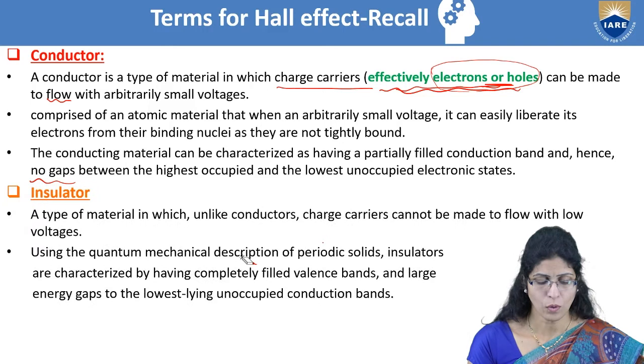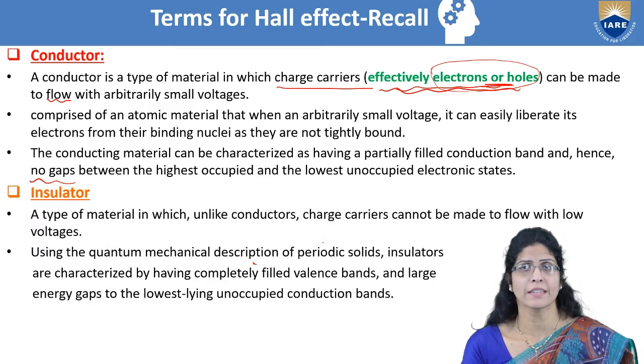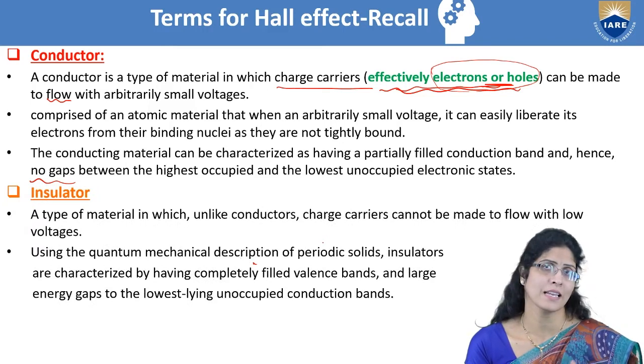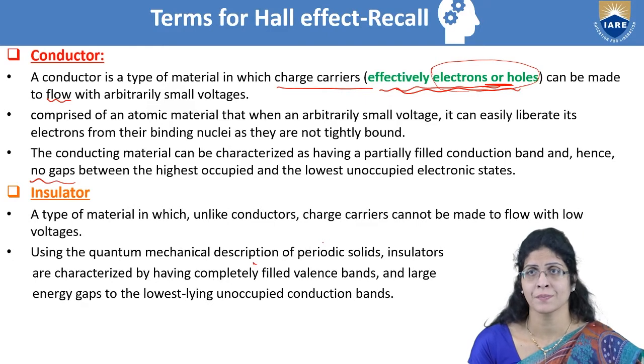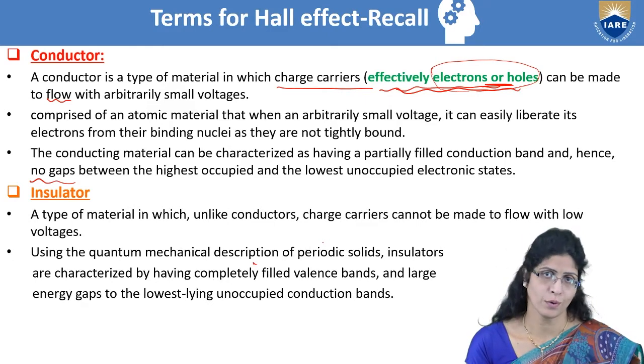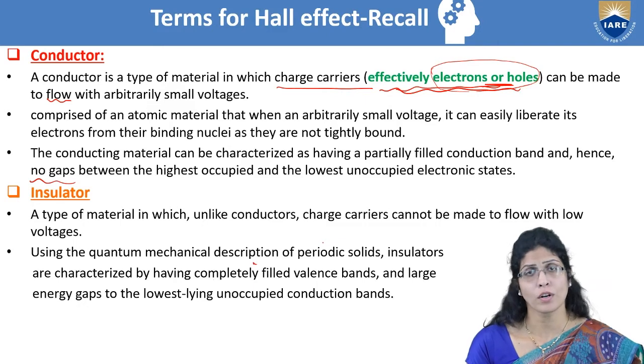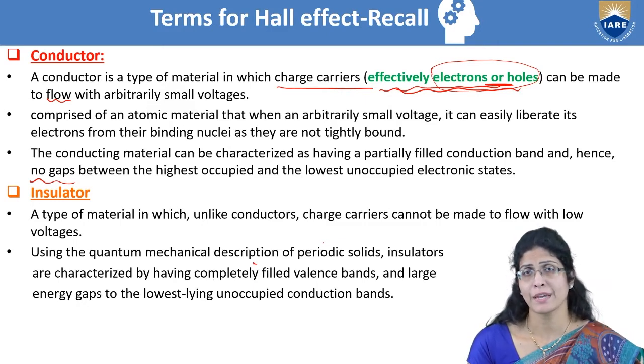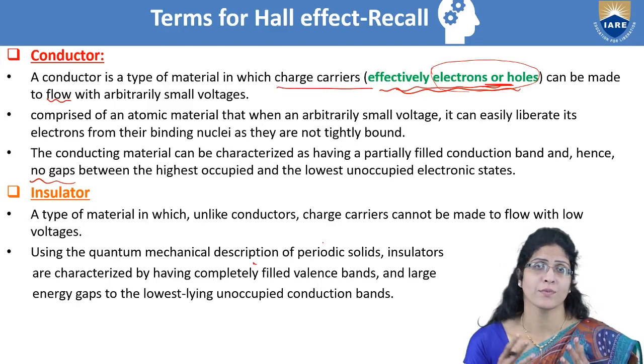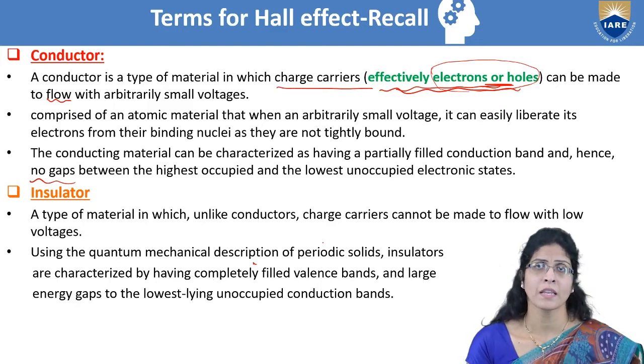Now if you go to see what is an insulator, it is opposite to the conductor. It doesn't have any charge carriers. Even if you give a low voltage, there is no charge carrier to take it. As I told, there is a lot of research going on in insulators, that they can be made to be conductors at very high temperatures, of course.